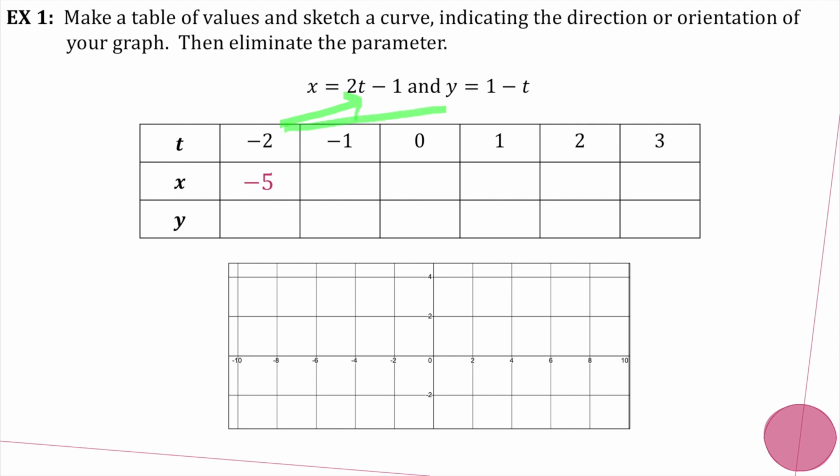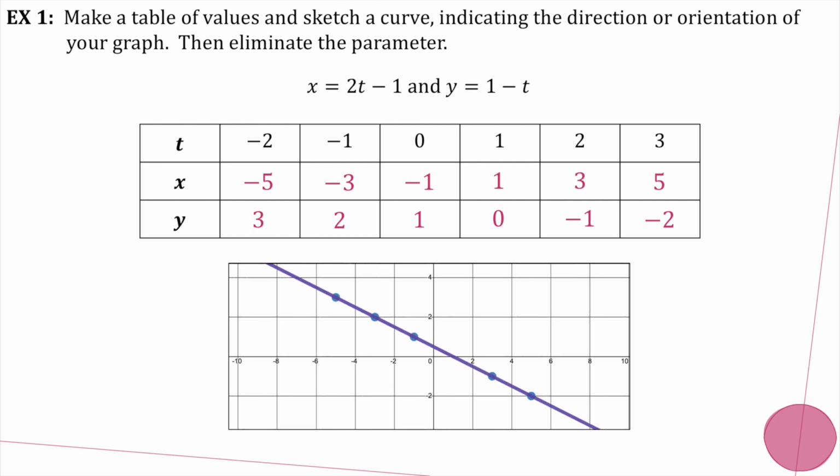Then plug it into the y equation, and you get 3. So we have a point, negative 5, 3. And then we'll do that again for negative 1: plug it into the x equation, plug it into the y equation, and we have a second point. And we'll just continue this, paying attention to how the dots are being plotted on the graph.